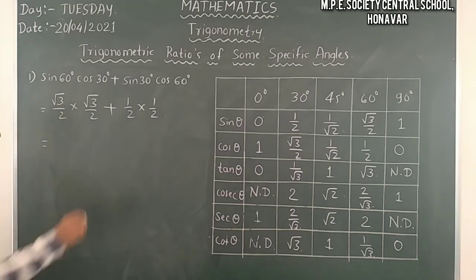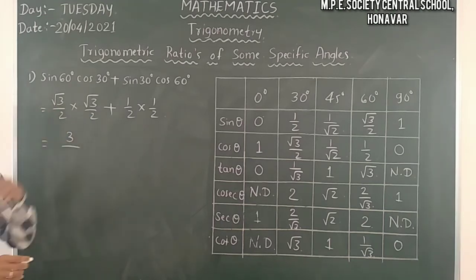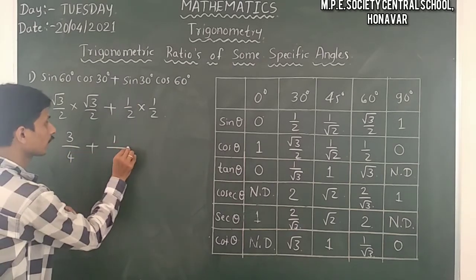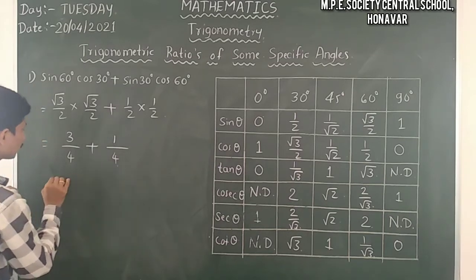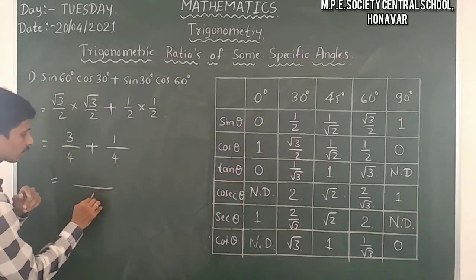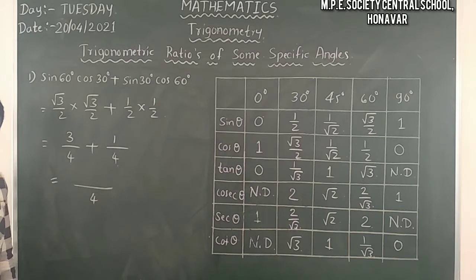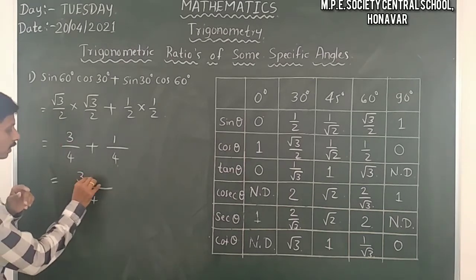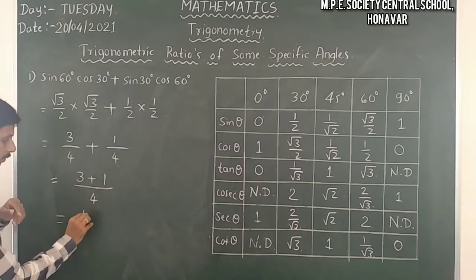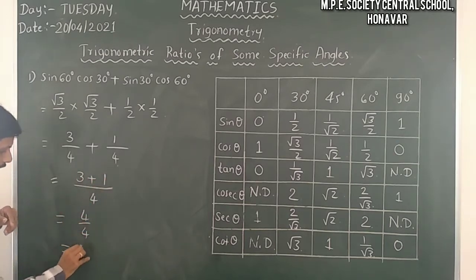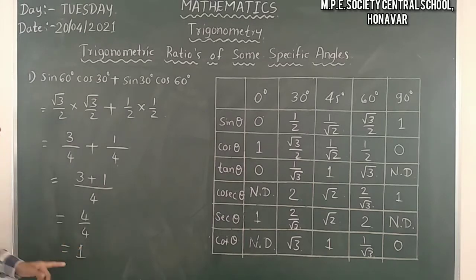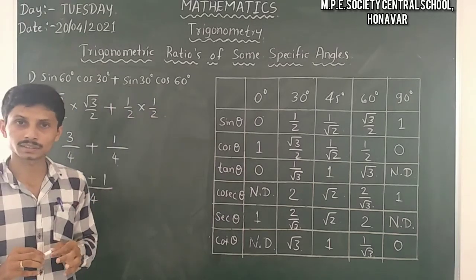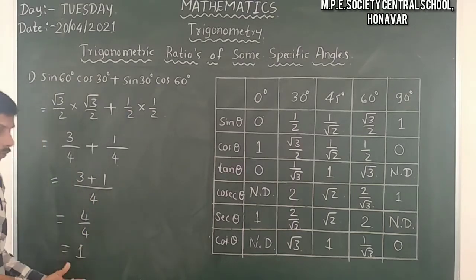Root 3 into root 3 is 3, and 2 into 2 is 4, plus 1 into 1 is 1, and 2 into 2 is 4. Taking 4 as the common denominator, we have 3 plus 1, that is 4 by 4, which is equal to 1. So the value of sin 60 degree cos 30 degree plus sin 30 degree cos 60 degree is 1.